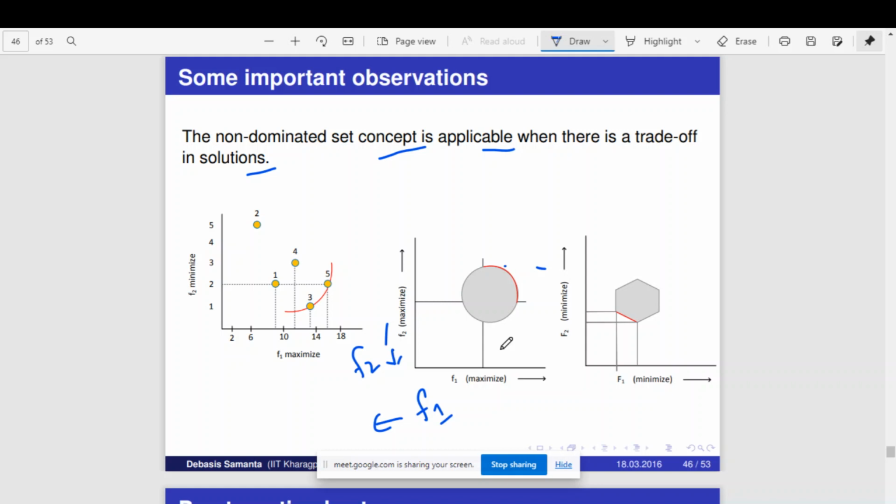Is the question clear? If you want to minimize F1, the best point will be here, right? This is the minimum of F1.